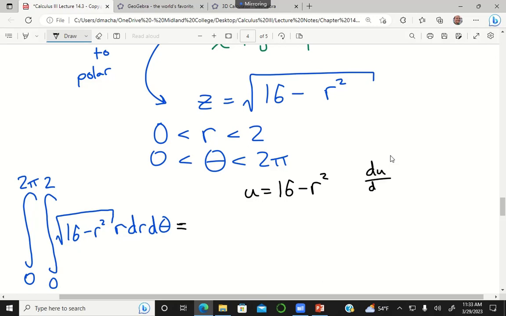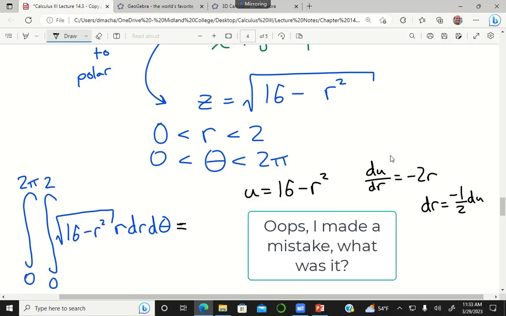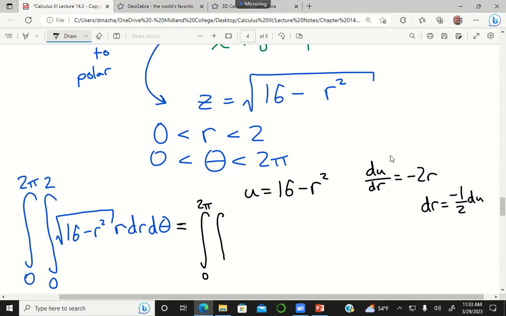And then if I take the derivative of that with respect to r, it gives me negative 2r. So I'm going to replace dr with negative half du. And then I'm going to write the integral from 0 to 2 pi of the integral of square root u, or I could write u to the 1/2 power instead of the square root, and then r times negative half du d theta.